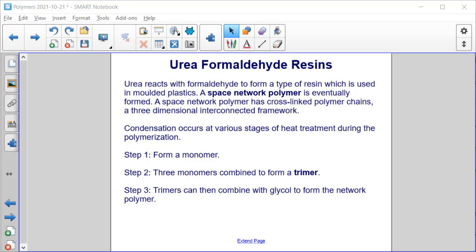Condensation occurs at various stages of heat treatment during the polymerization. First, form a monomer. 3 monomers then combine to form a trimer. Finally, trimers can then combine with glycol to form the network polymer.